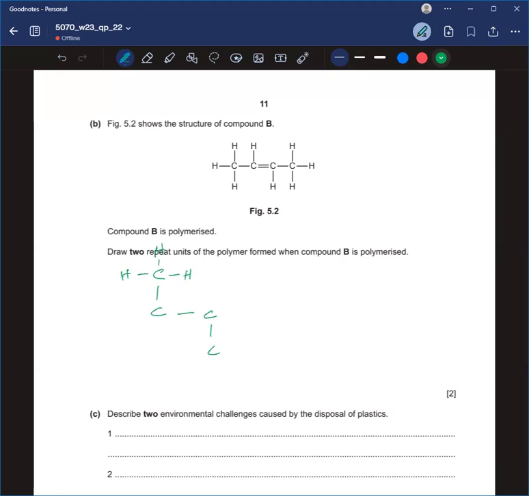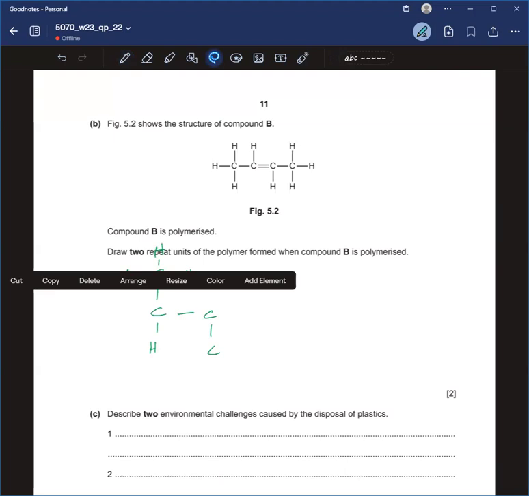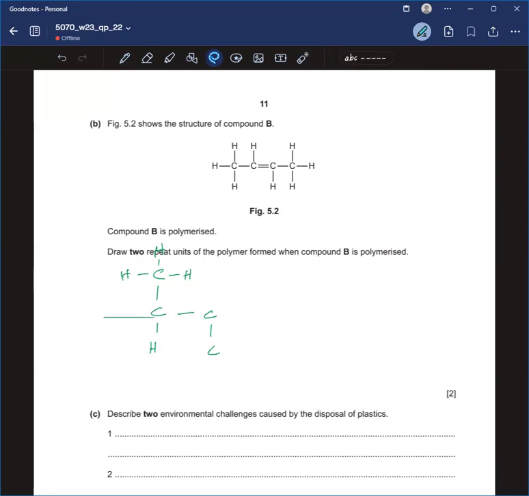And 1, 2, 3, and here I'll have one valency.